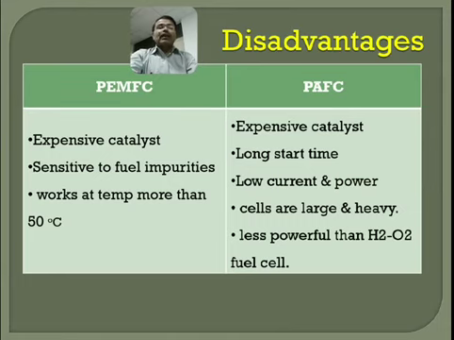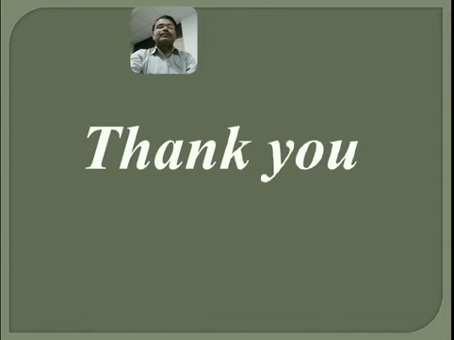These cells are larger and heavy, and they are even less powerful than hydrogen oxygen fuel cells. So these are some of the disadvantages given in a comparative way. That's it. Thank you.